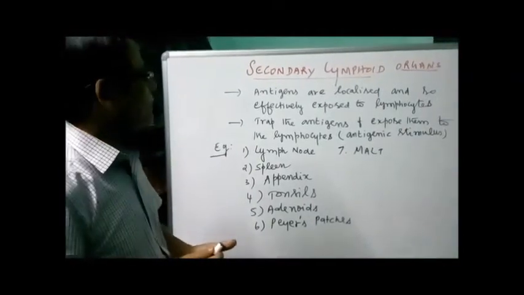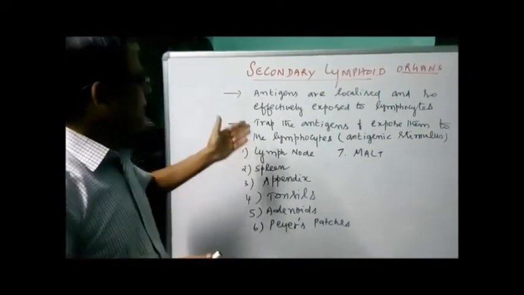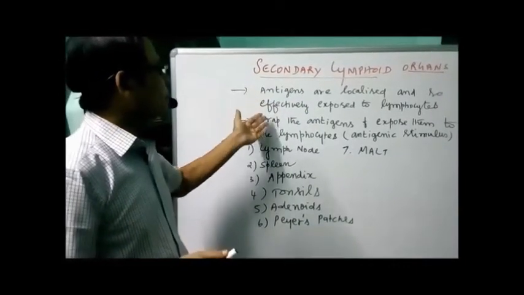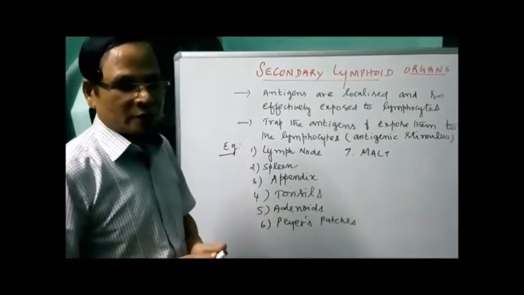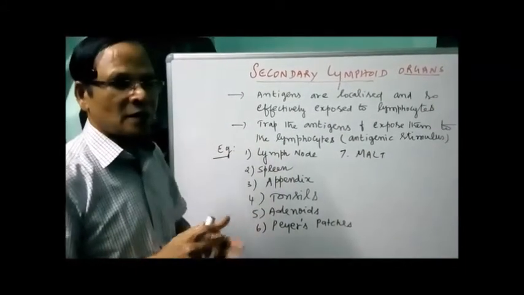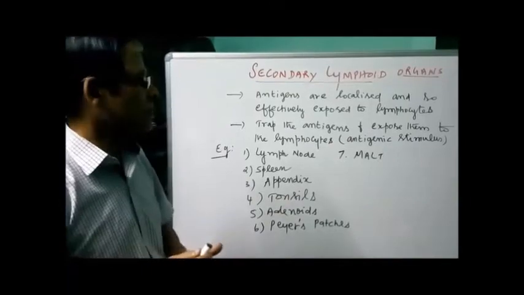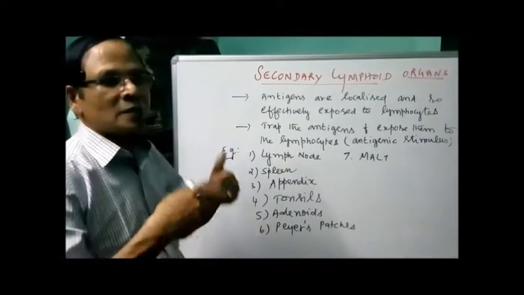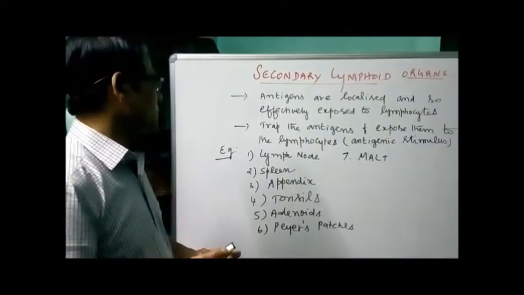In the peripheral lymphoid organs, the antigens are localized and effectively exposed to the lymphocytes. So the lymphocytes can encounter the antigens very easily. This is called antigenic stimulus, which stimulates the immune response.